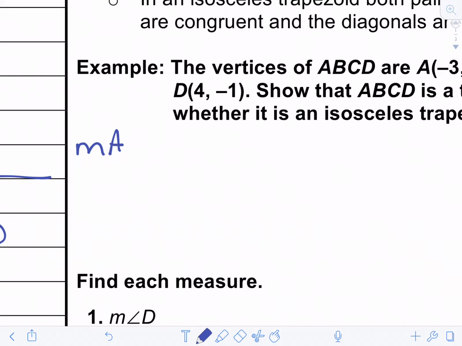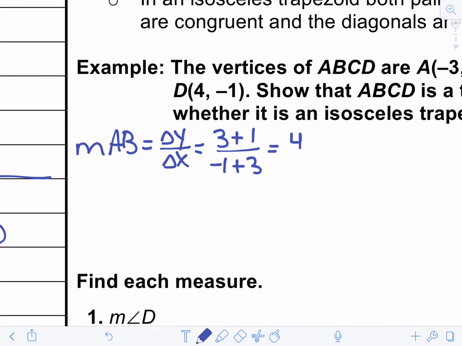So the slope of AB, and again, it's change in y over change in x. So slope of AB: 3 plus 1 over -1 plus 3. That'd be 4 over 2, which gives me a slope of 2. Okay, and then I'm going to do the slope of BC. Change in y over change in x.